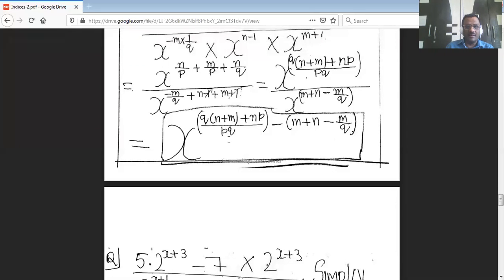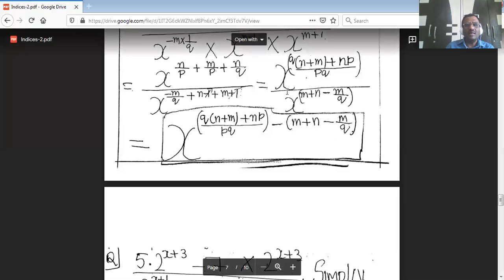I explain it again. Here the LCM is pq. For the first two parts, n by p and m by p, the denominator is the same, therefore you can directly add the numerators m plus n, and pq is the LCM.